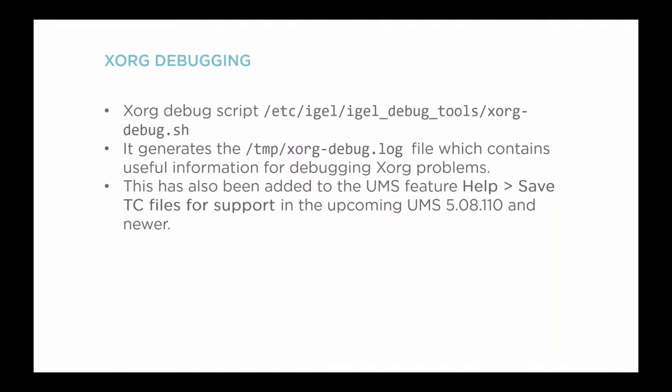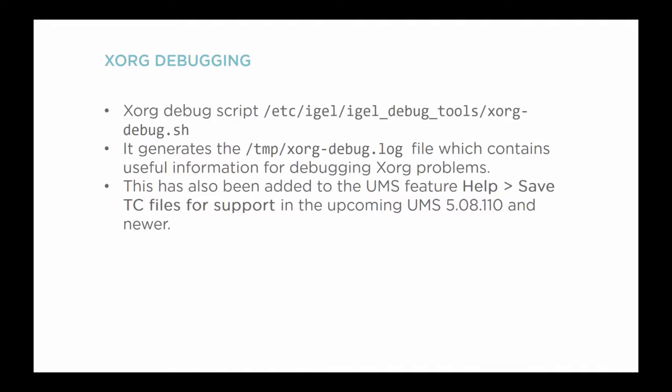If anything goes wrong, which it sometimes does with display configuration, we now have an Xorg debug script that outputs a log file with a lot of debugging information. You can run it from the terminal, or what's even cooler, you can run it remotely from UMS, because that has a menu item that's called Help, Save TC Files for Support.